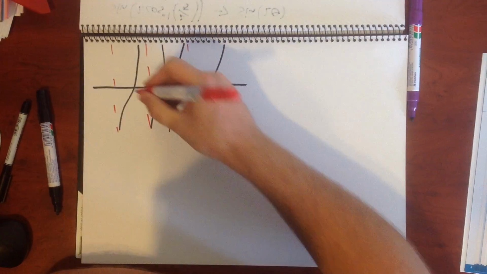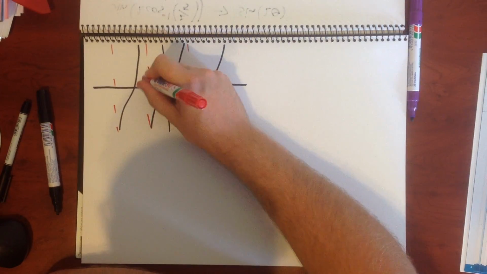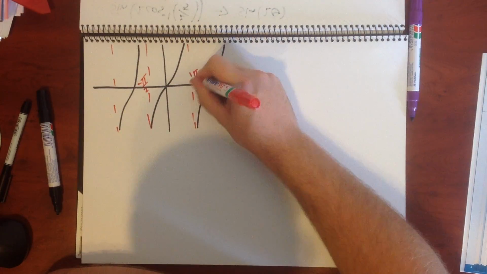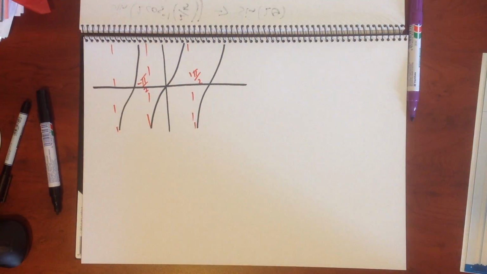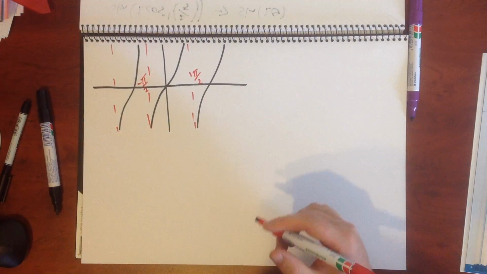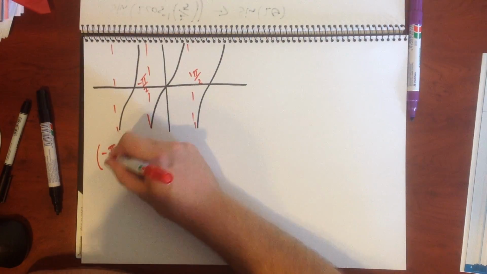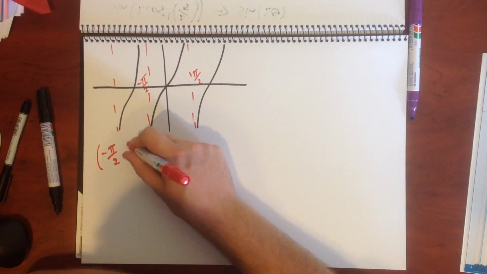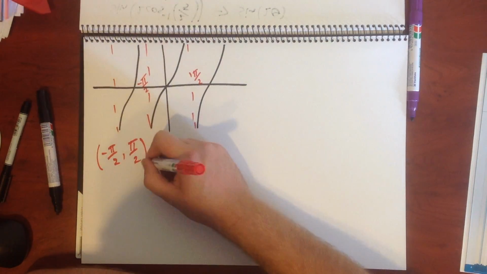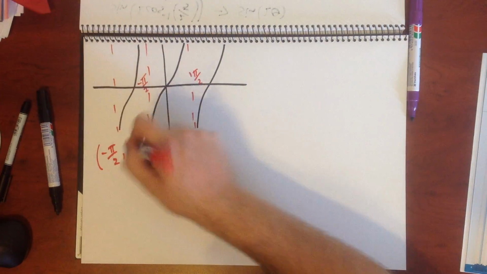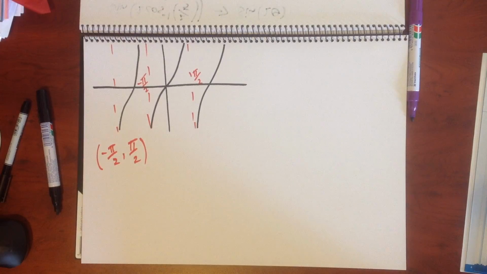A nice easy restriction though is just between our asymptotes. However, this time instead of using square brackets, we've got to use round brackets for our domain, because the ends of our domain are actually asymptotes, so we don't include them.